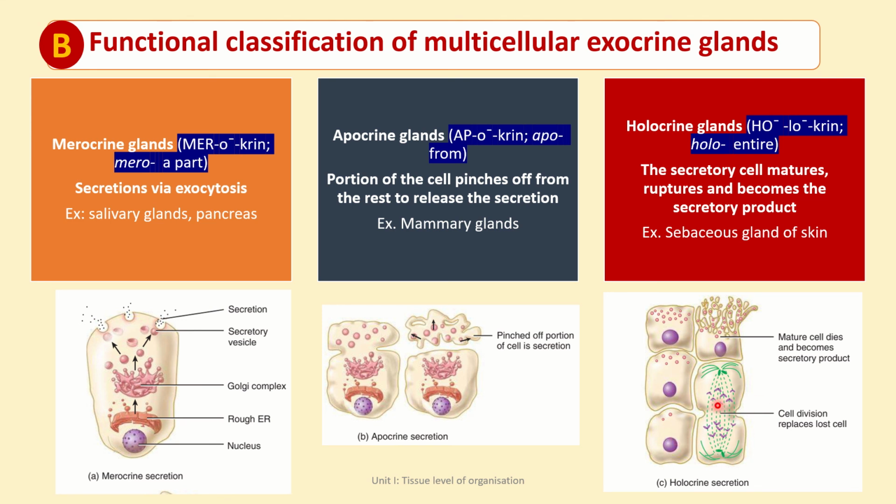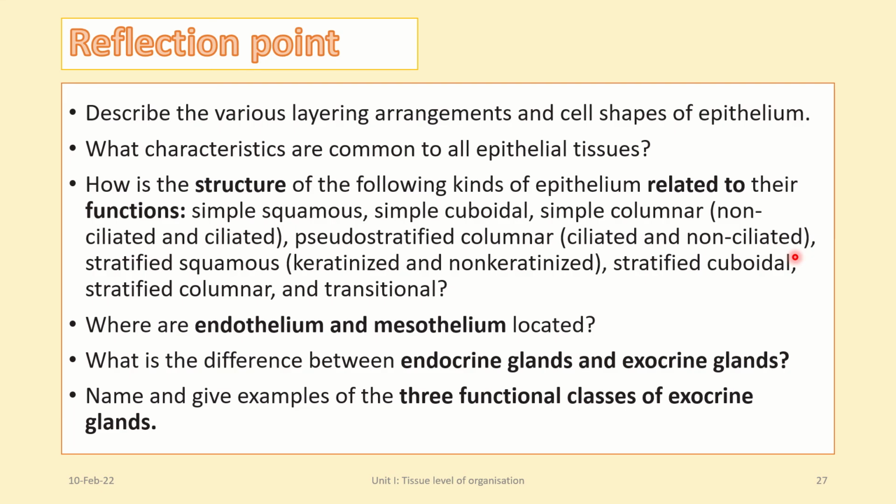So everything that is getting secreted becomes part of the cell and the entire cell itself gets secreted. The mature cell will die and become the secretory product, and that cell is getting sloughed off and a new cell is getting replaced in its place. For example, sebaceous glands of the skin. With this, we come to an end of the functional classification of the multicellular exocrine glands.